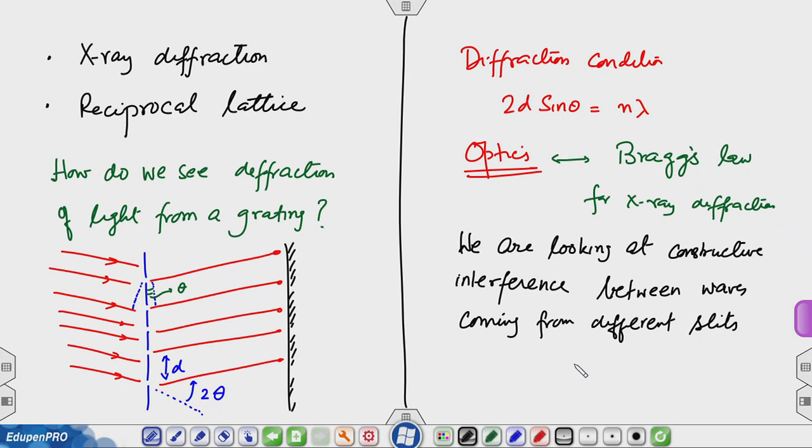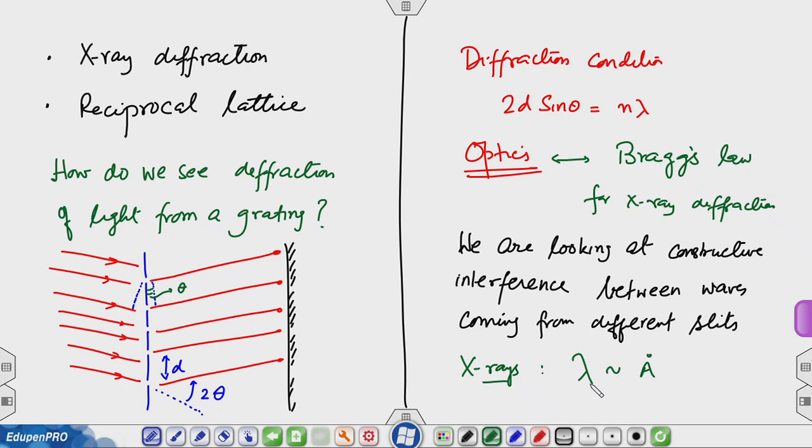Now, X-rays you cannot see through ordinary slits. The reason is that the X-rays have a wavelength lambda of the order of angstrom. So, unless these slits are really within an angstrom distance of each other, you can't really see diffraction of X-rays through these ordinary gratings.